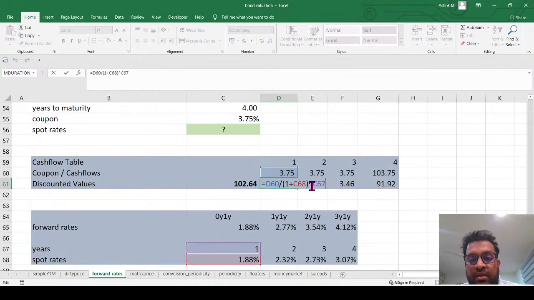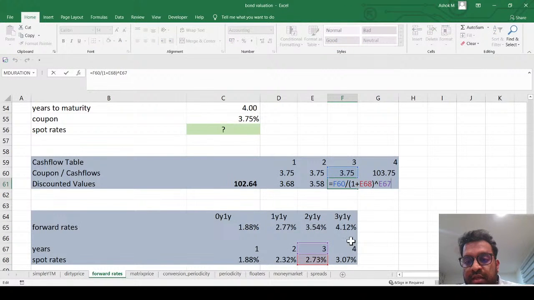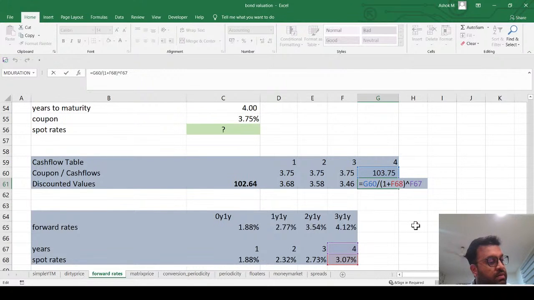The first cash flow is divided by 1 plus spot rate to the power of 1, then the next cash flow is divided by 1 plus spot rate raised to the power of 2, the next raised to the power of 3, and the last divided by 1 plus the last year's spot rate raised to the power of 4.